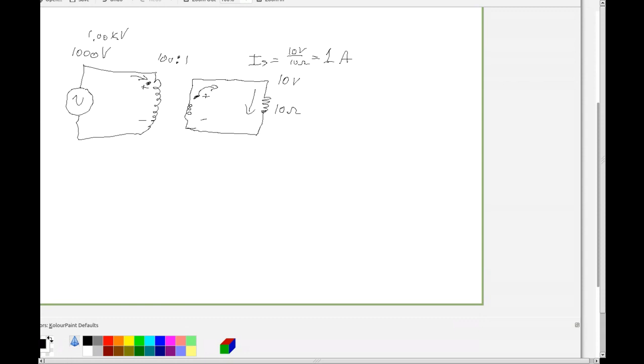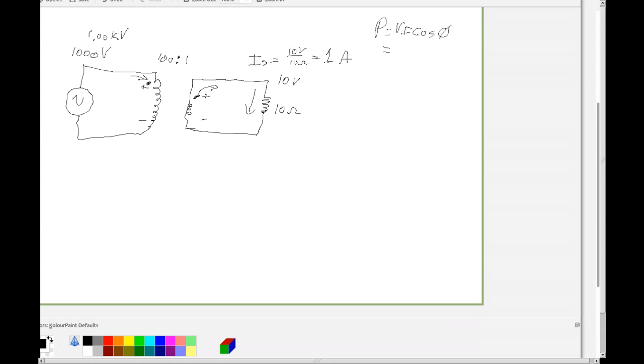Okay. And our power then is going to be V times I. Okay, now notice in this case I haven't put in any inductors or capacitors, so the current is in phase with the voltage, because technically power is voltage times current times the cosine of the phase angle.